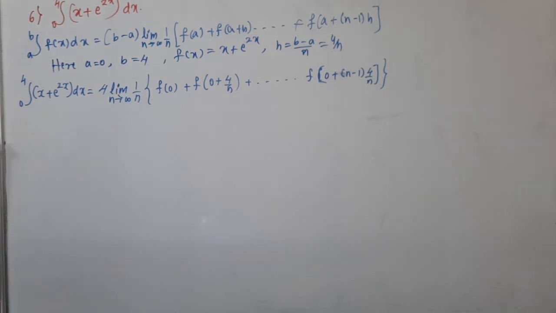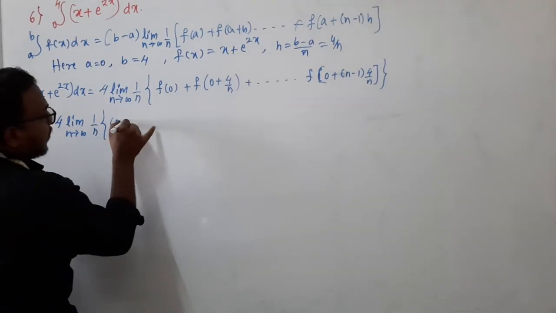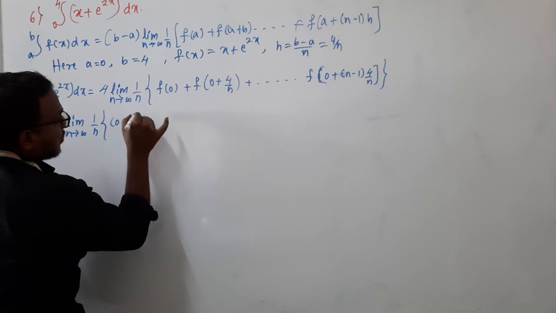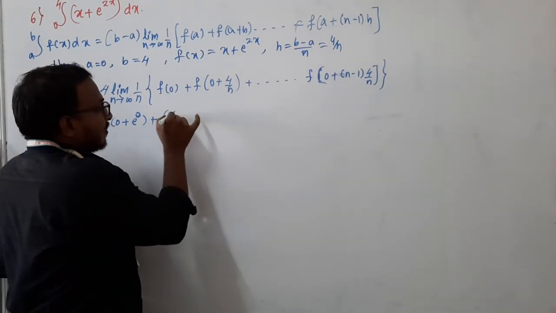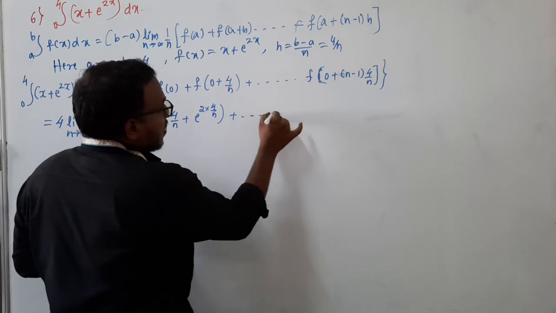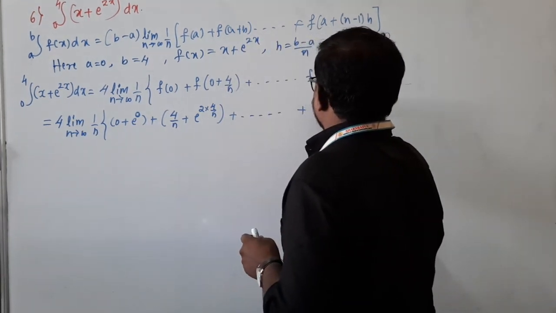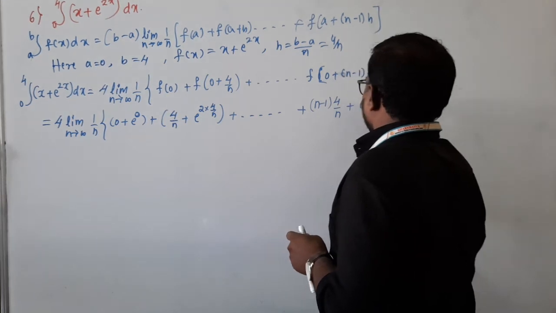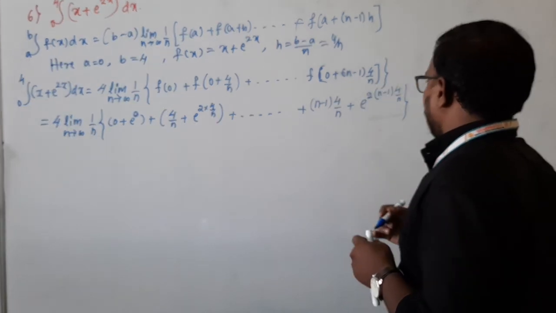Now apply the values. It will become 4 limit n tends to infinity 1 by n, f of 0, that is 0 plus e to the power 2 into 0, plus next f of 4 by n, that is 4 by n plus e to the power 2 into 4 by n, plus up to 4 by n into n minus 1, plus e to the power 2 into n minus 1 into 4 by n.